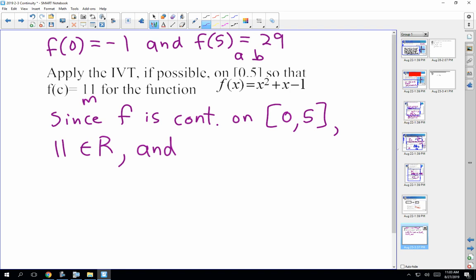You could even write it out: f of 0 equals -1, rather than just writing f of 0, and 11 is between that and f of 5 equals 29. They would accept just f of 0 and f of 5, but I think they would want you to show -1 and 29 specifically, because 11 is clearly between those two. If you did the calculation and just wrote -1 and 29 here, that would be fine.